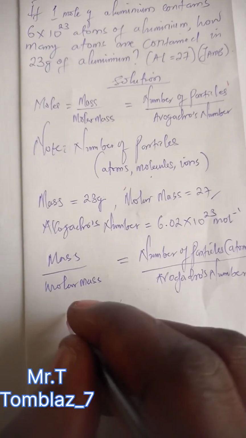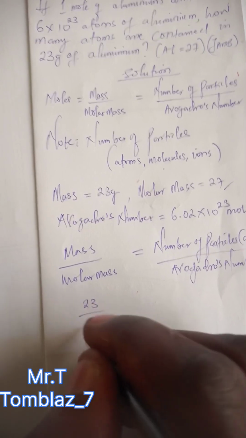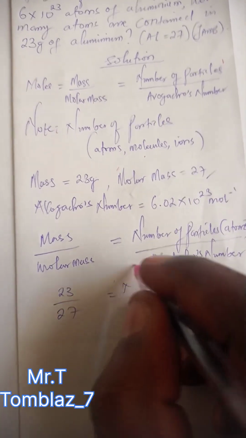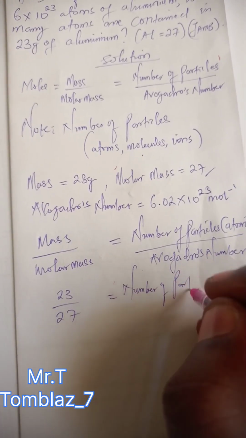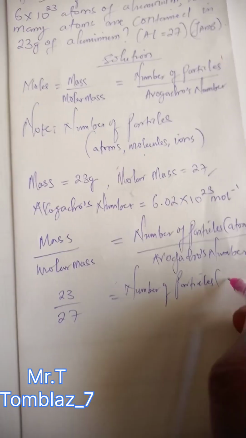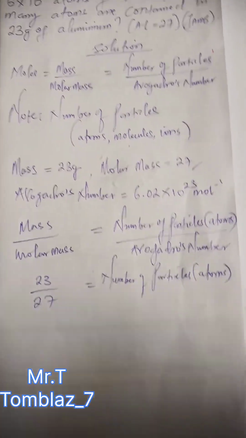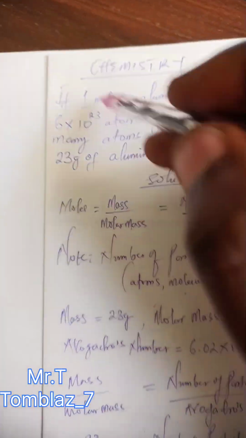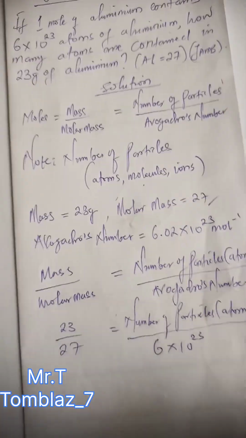So our mass is 23 all over molar mass is 27. Number of particles is what we are looking for. In this case, atoms. And then divided by the Avogadro number. The Avogadro number that they gave us is this. So we're going to use 6 times 10 raised to the power 23.